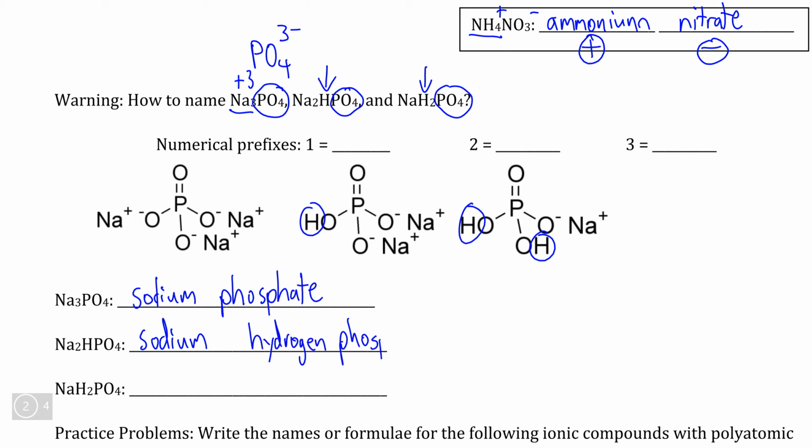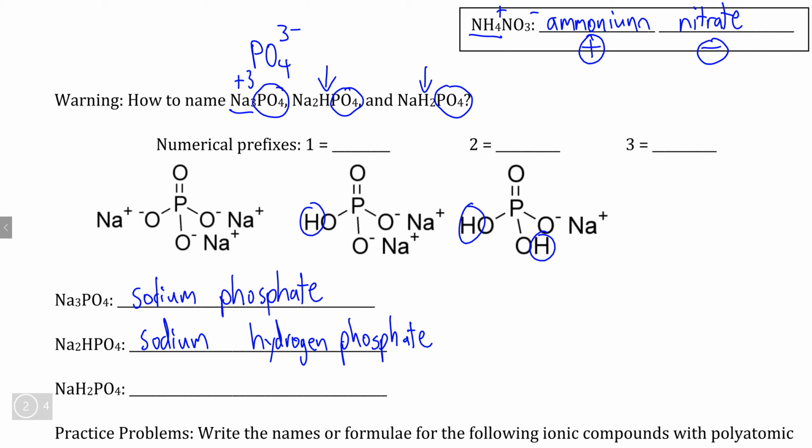Now, the problem about this naming convention is that this third compound here that has 2 hydrogens is also sodium hydrogen phosphate, which means we need a way to differentiate between whether it has 1 hydrogen and whether it has 2.